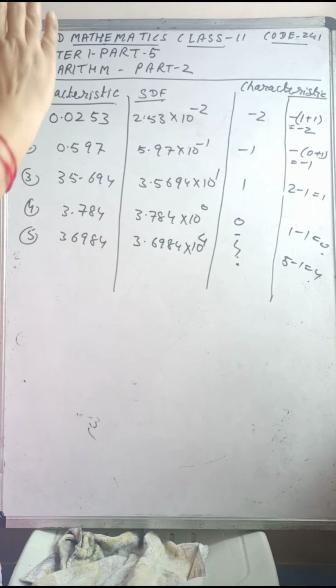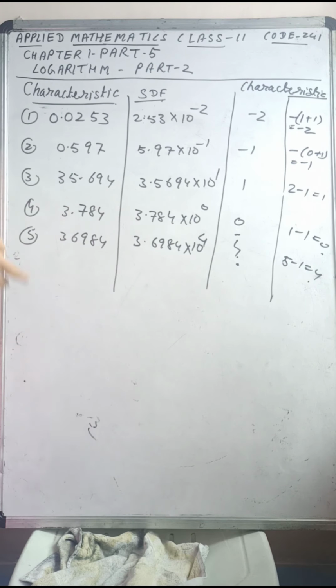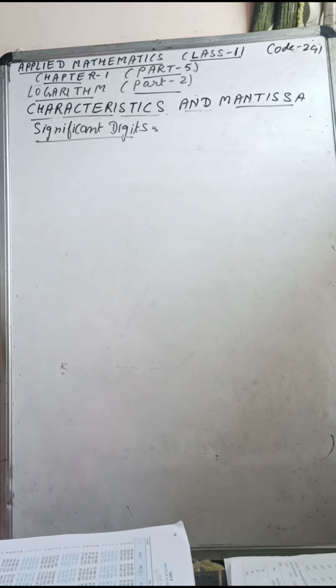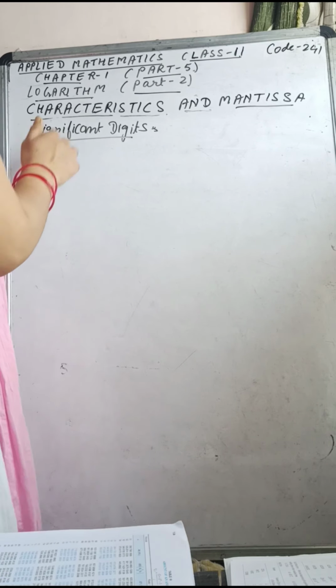Mantissa is the decimal part which we find from the log table. So let us open our log table. Let us know about the significant digits.